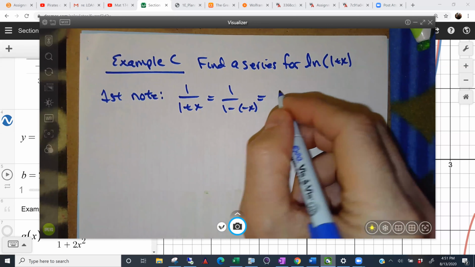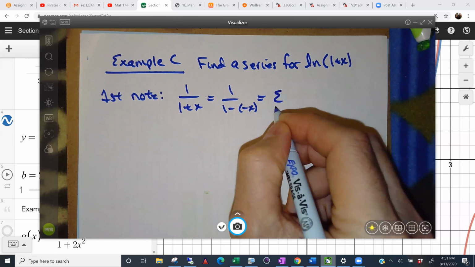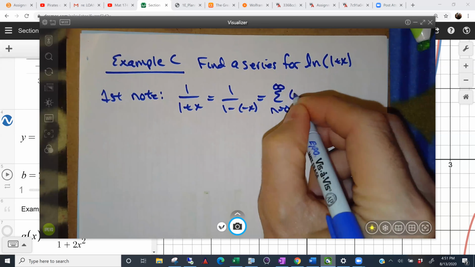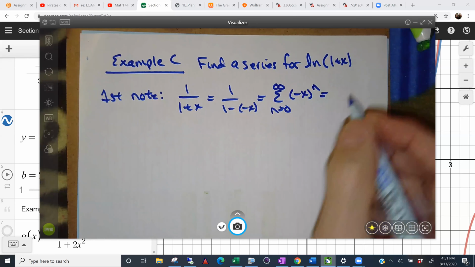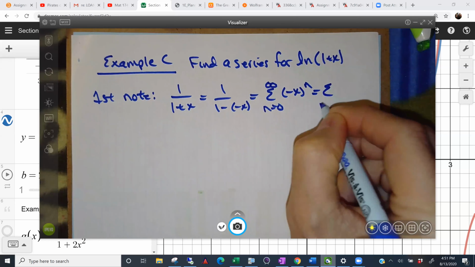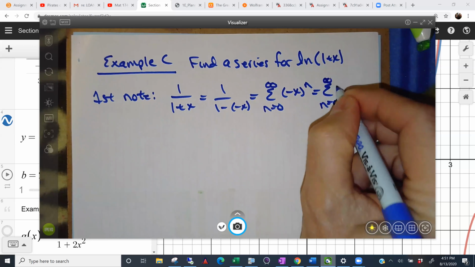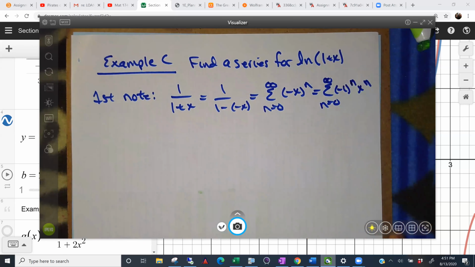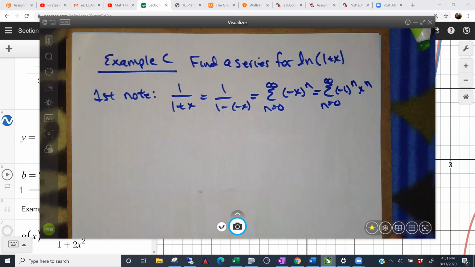And that's going to be the sum from n equals 0 to infinity of negative x to the n, or better yet, the sum from n equals 0 to infinity of negative 1 to the n, x to the n. So that's the first thing to note.